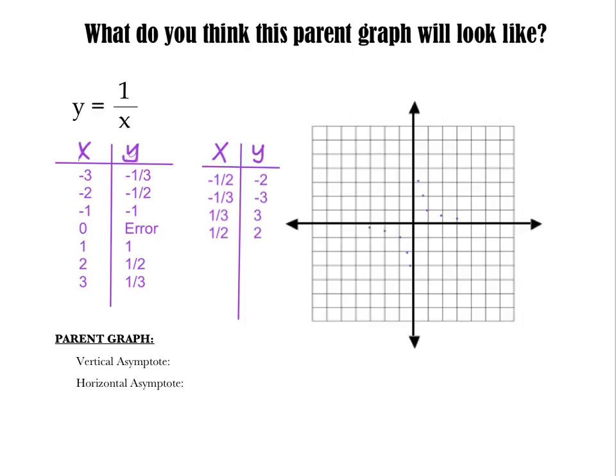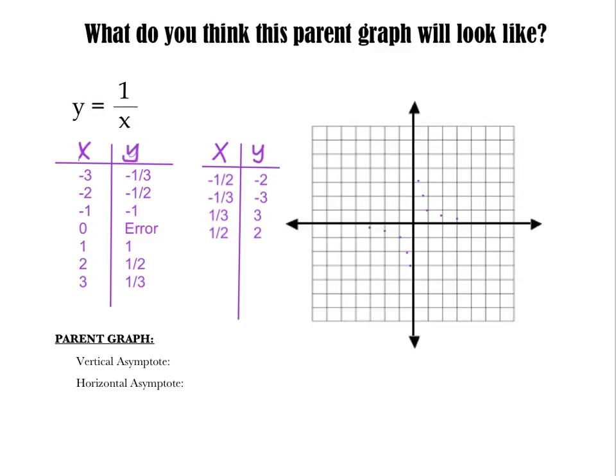So what I noticed is that as I got closer to that 0 value, it kept decreasing this way. So if I plug in -1/2, well, if I divide by -1/2, so I'm dividing by a fraction, so I'm actually going to multiply by the reciprocal. So I end up multiplying 1 by the reciprocal of -1/2, which is -2, and 1 times -2 is -2.